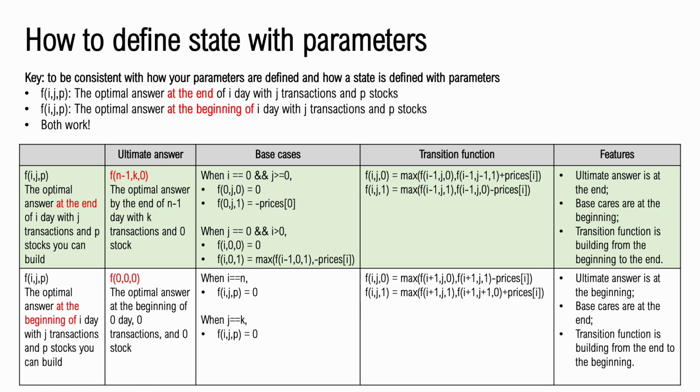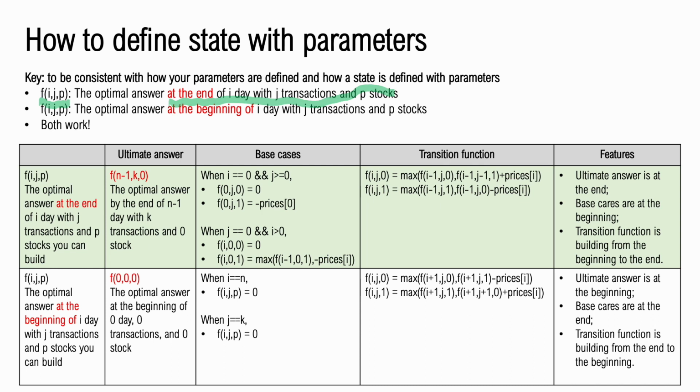At the same time, we want to be consistent with how a state is defined with the parameters. So we can define the state, or where we are, f(i,j,p) with all three parameters, as the optimal answer at the end of the ith day with j transactions and p stocks.